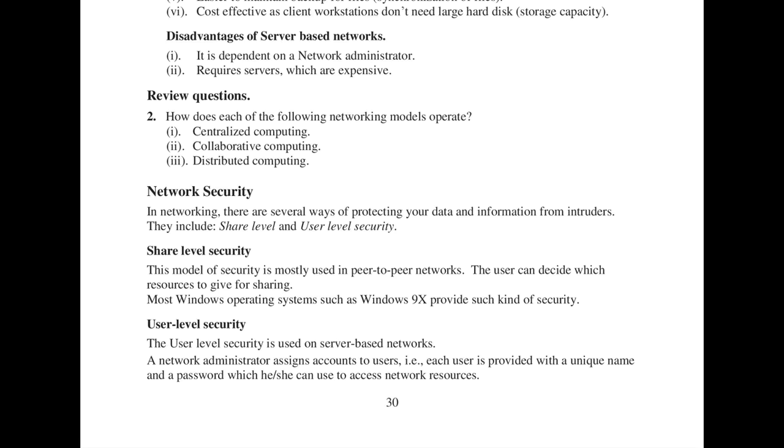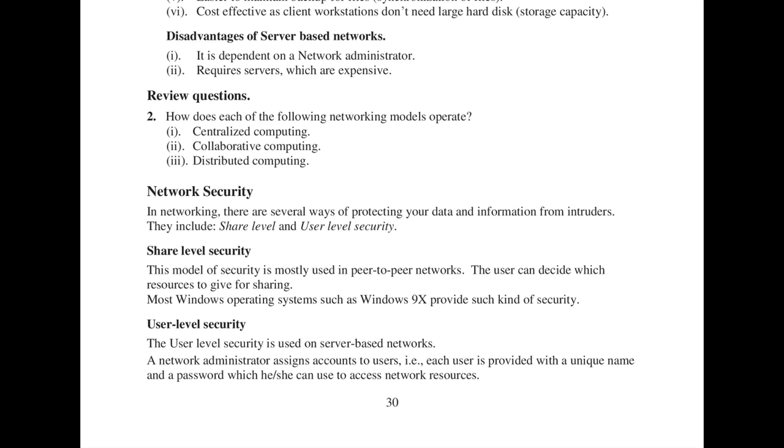On the other hand, we have user level security. This means you must have an account for you to access the server. Remember, share level acts in peer-to-peer network, whereas user level acts in server client model. So the user level security is used on server-based networks. A network administrator assigns accounts to users.